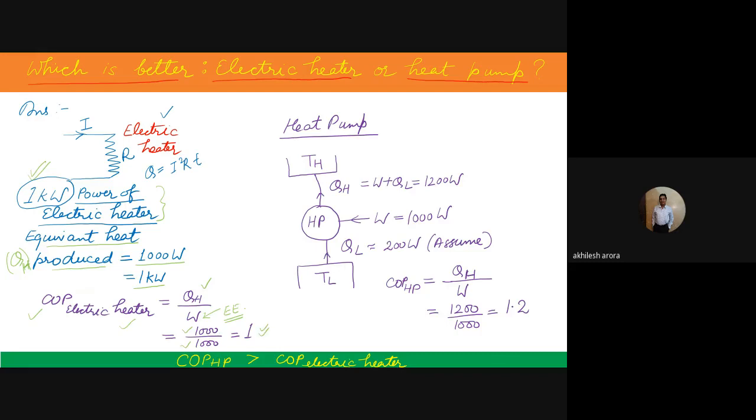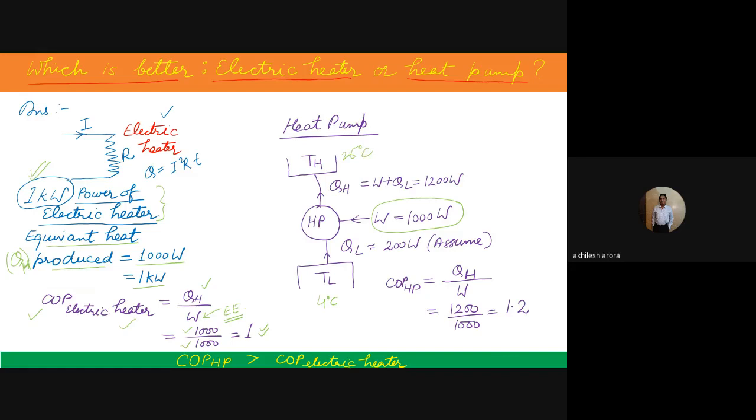Now let us consider a heat pump. In this particular case, I am supplying work equivalent to 1000 watts only. Suppose this is the low temperature and this is the high temperature. The low temperature could be say 4 degrees Celsius, and the high temperature could be, let us say, 25 degrees Celsius.